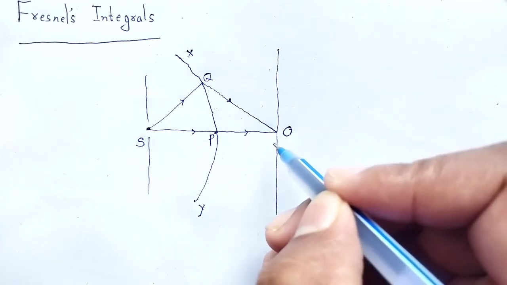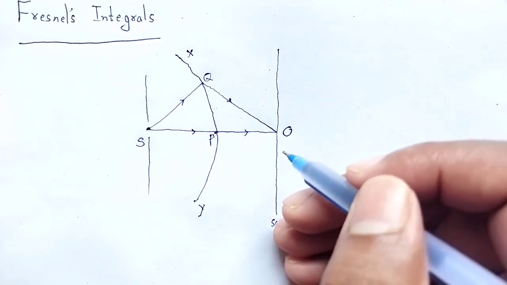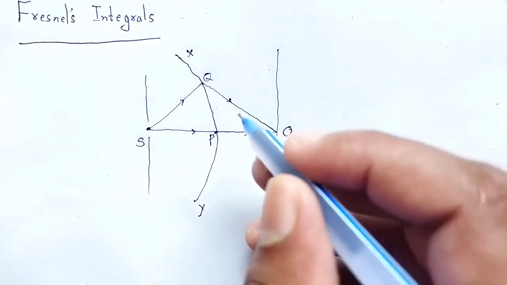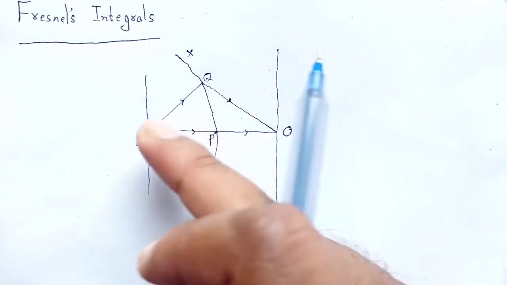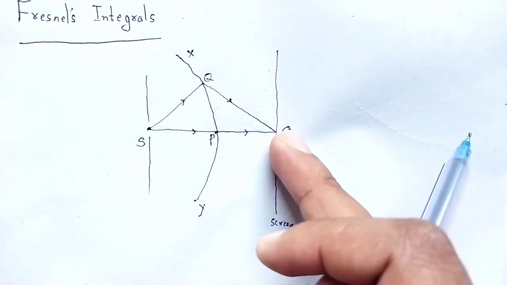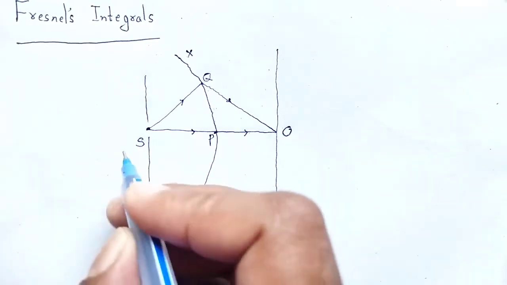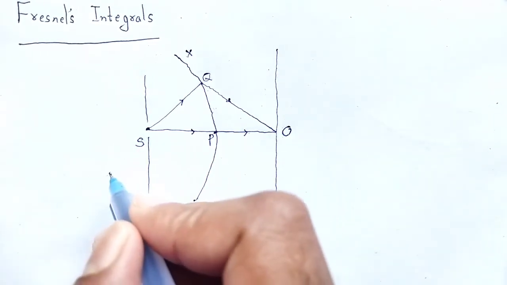At point O, we observe either a maximum or a minimum, which is defined by the path difference between these two rays.